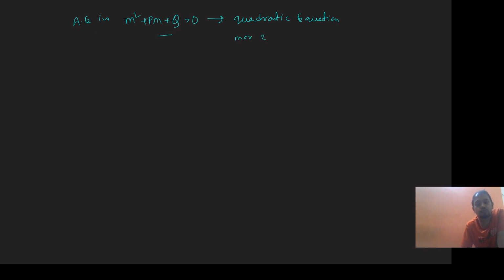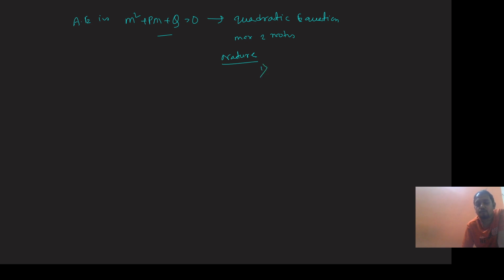The auxiliary equation is m square plus pm plus q is equal to 0. This is a quadratic equation, and we know that it contains a maximum of two roots.